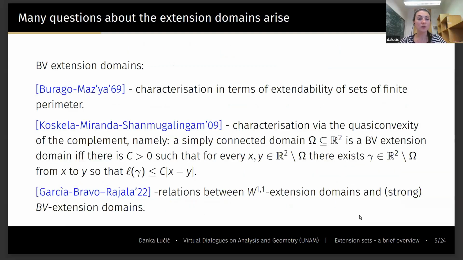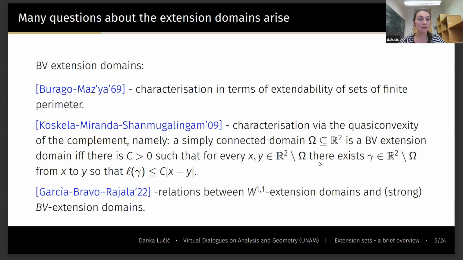As regards the BV setting, Burago and Maz'ya have given some characterizations of these domains in terms of extendability of sets of finite perimeter, which we will see, because it will be one of the properties that is important also for us. Basically, this means that you can look only at the extension of characteristic functions in order to conclude something for all the functions.